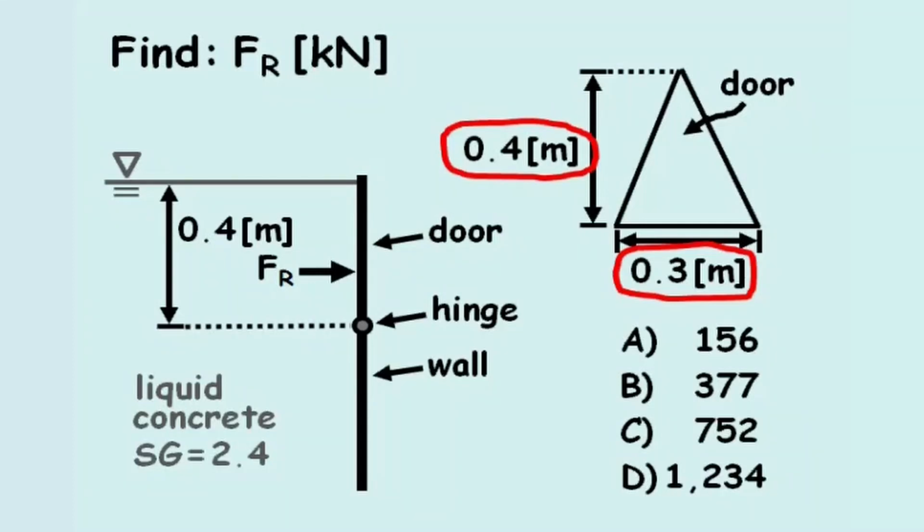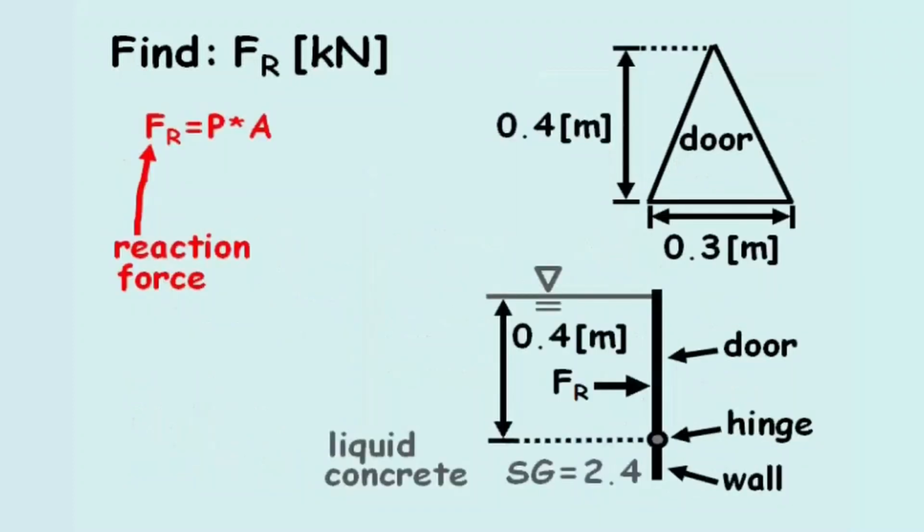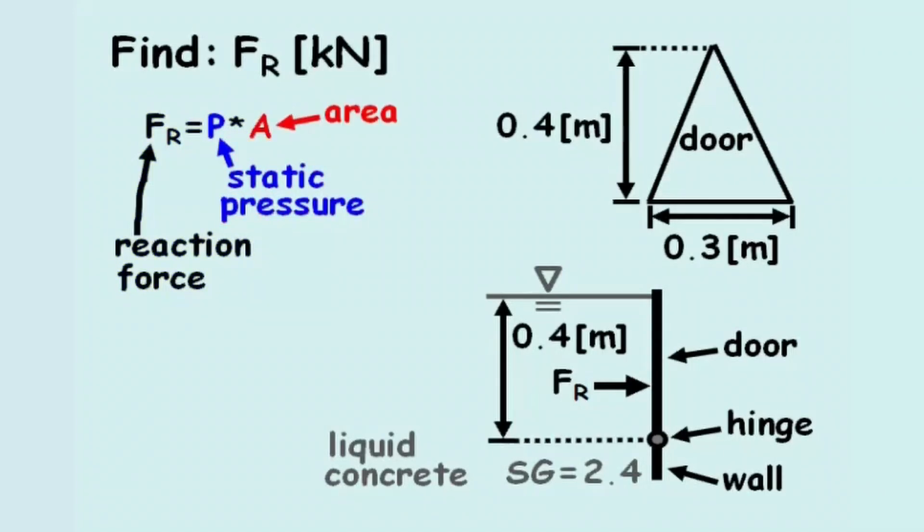We'll assume that the wall is located around the sides of the door as well, to hold back the liquid concrete. The reaction force, Fr, equals P times A, where P represents the static pressure exerted against the door by the liquid concrete, and A represents the area of the door.